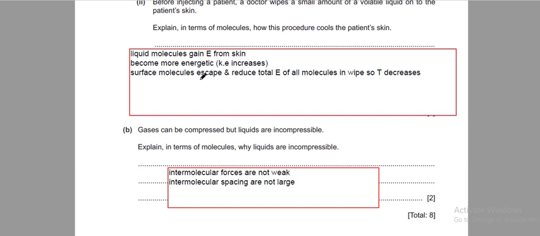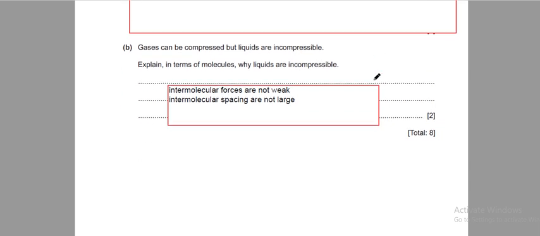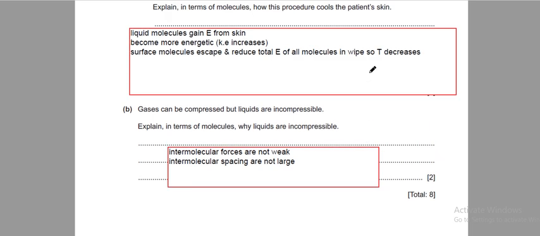Surface molecules in the wipe escape and reduce the total kinetic energy of all molecules of the wipe, so temperature decreases, because kinetic energy of molecules is proportional to temperature. So as kinetic energy decreases, it means that temperature decreases.